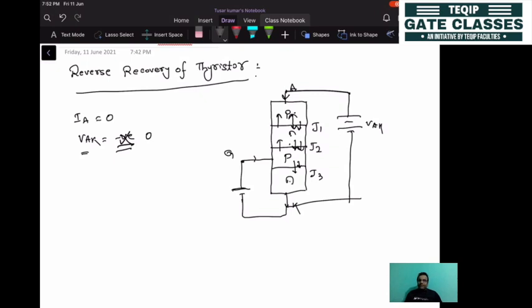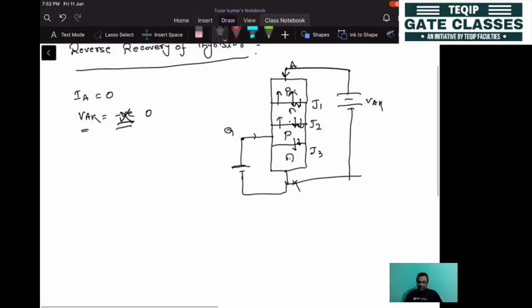This procedure is called reverse recovery of thyristor. This is similar for the diode also; in a diode we also apply a certain negative voltage, and that is what is called reverse recovery. So what happens here? The charge carriers from the semiconductor layers which were transferred during conduction come back to their original value. There are two cases: one time period in which they come from the semiconductor layer, and another in which they come from the junction layer.